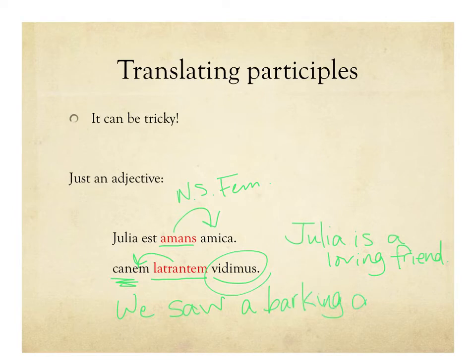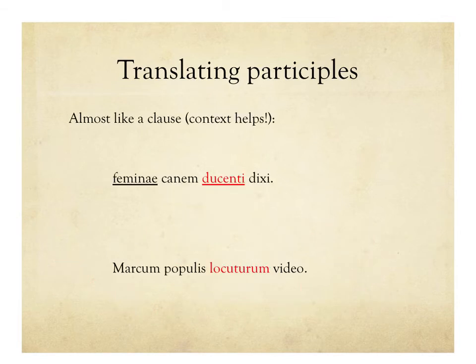We saw a dog barking. But there you can see it's just an adjective. It's modifying canem. They're both masculine, singular, accusative. You can even see in this case, right, that the endings match. They both end in M. So that's pretty straightforward. They're acting just as any other kind of adjective.